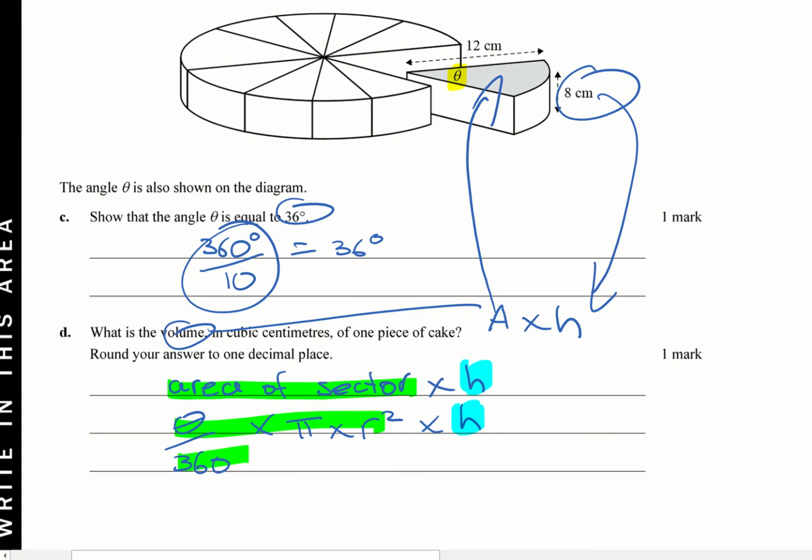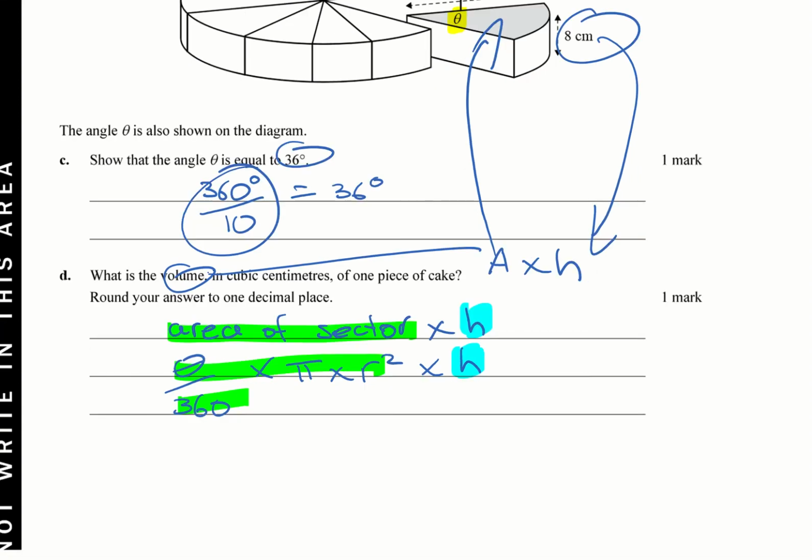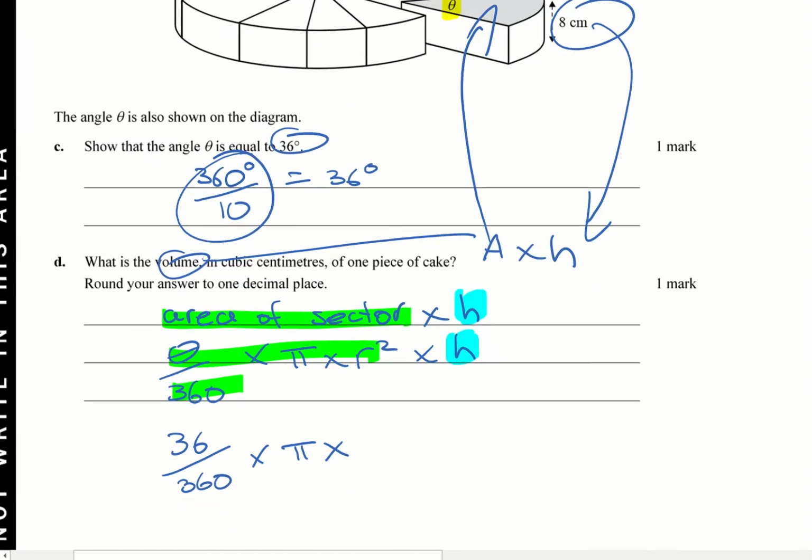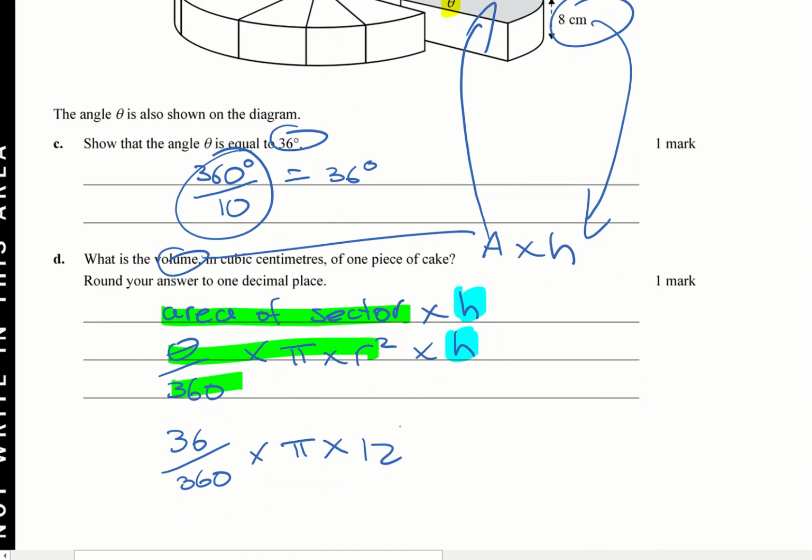Once I put all those numbers in, it's going to be 36, because we worked that out in the previous question, divided by 360, times pi times r, and your r was in this case 12 again, 12 squared, times 8. And you're going to get an answer here of 361.9 centimeters cubed. And that's how you can do that particular question.